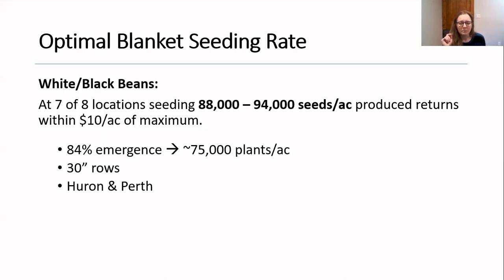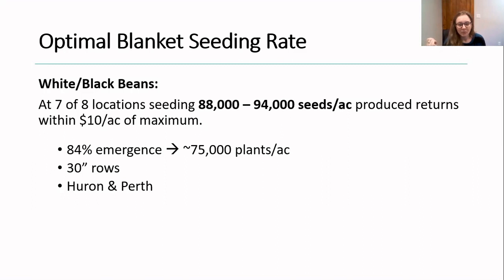Now, in this trial, we measured 84% emergence at that approximate seeding rate. And so we're really only talking about 75,000 plants per acre in the field, which, I just thought I'd mention, is worth thinking about in terms of a replant scenario. It's only 75,000 plants per acre that's optimizing our returns.